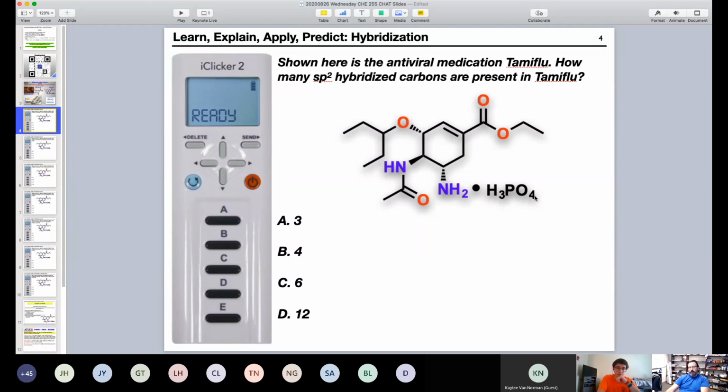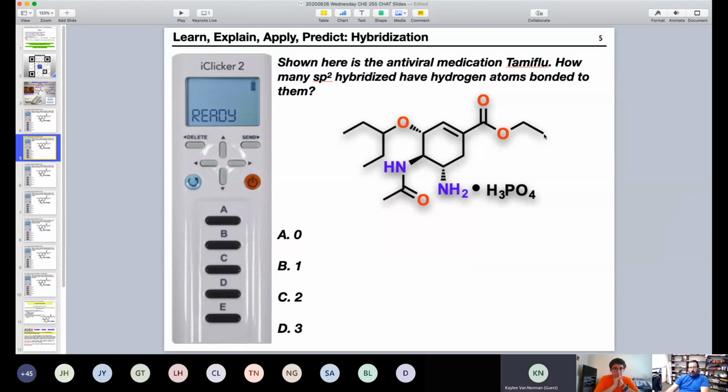So if we identify them, there's 1, 2, 3, 4. So of the sp2 hybridized carbons, how many of those 4 have hydrogen atoms bonded to them?